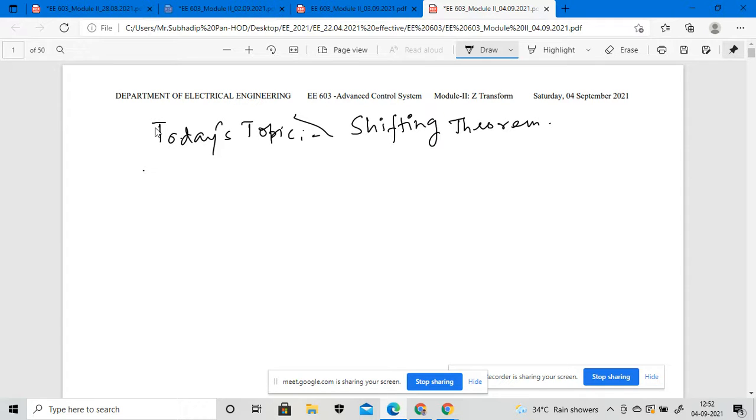The shifting theorem presented here is referred to as the real translation theorem. It is also called a translation theorem. So what does this particular theorem say?